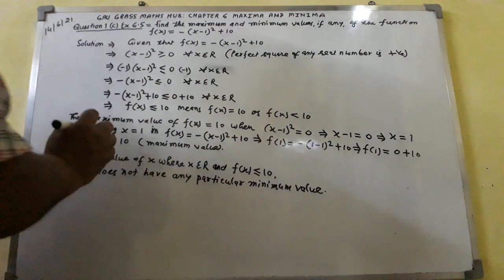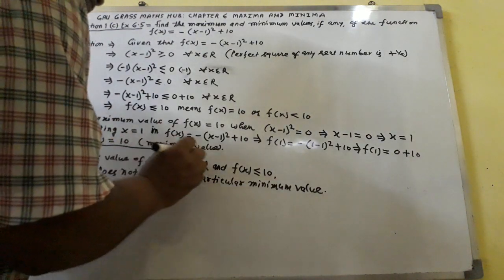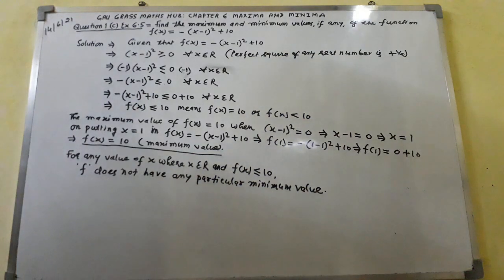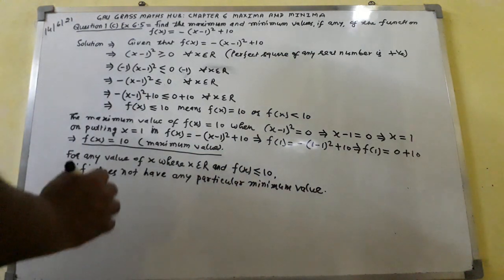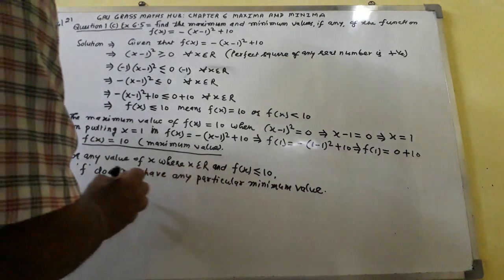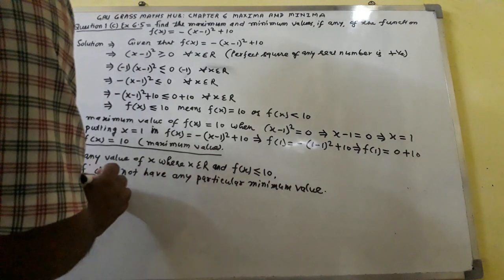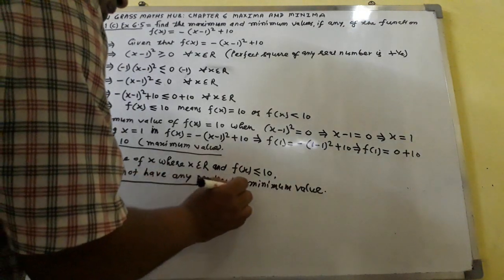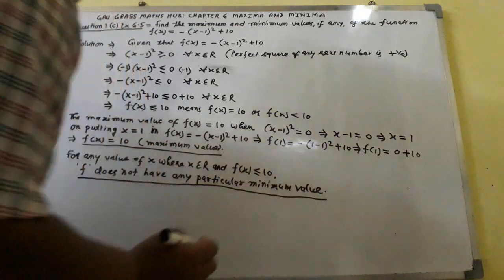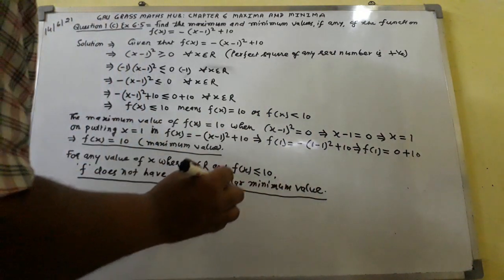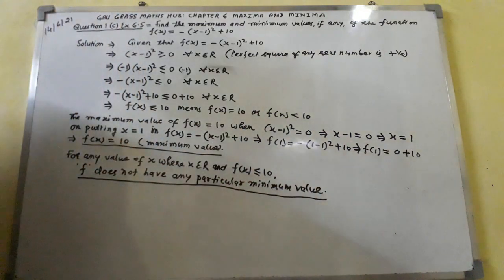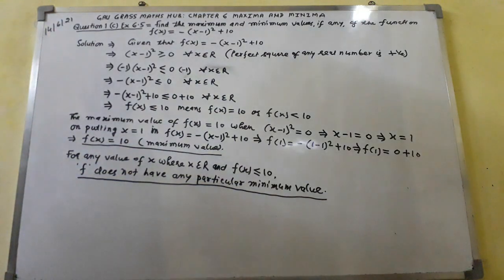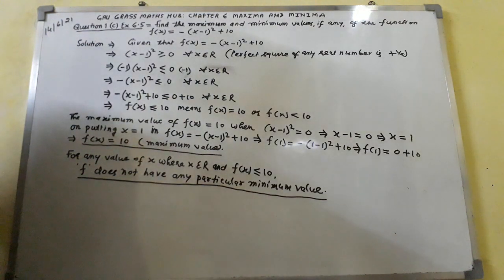The maximum value we have got is f of x equal to 10, and f does not have any particular minimum value. That will be the answer. In this way this question has been explained. Okay guys, thanks.